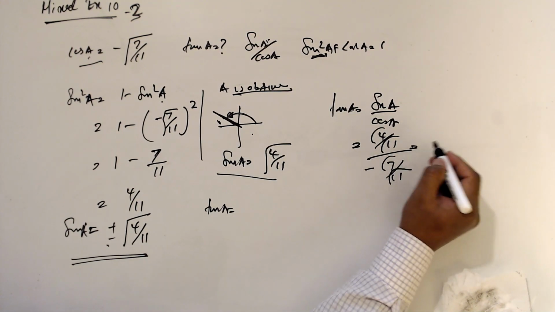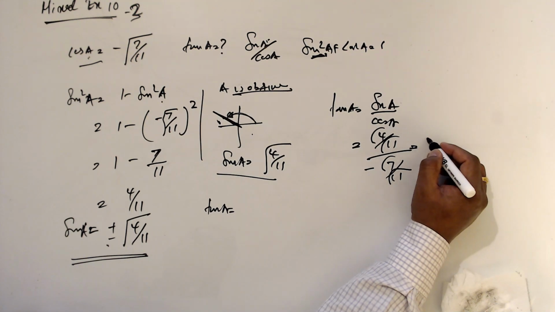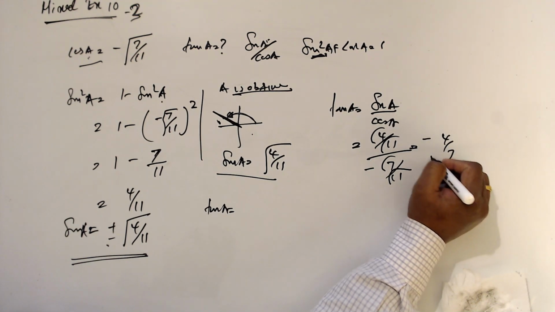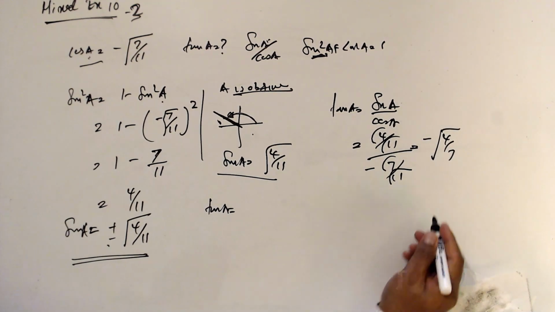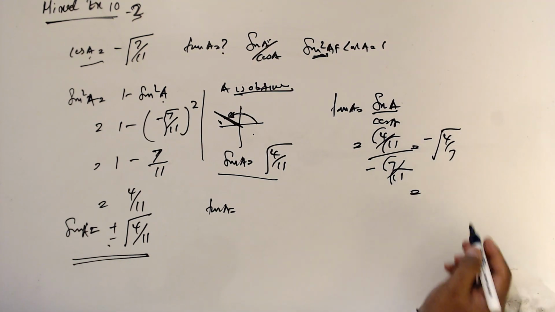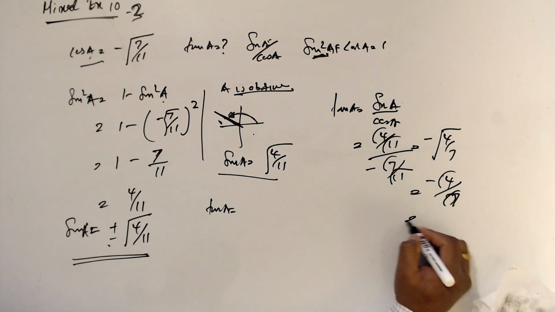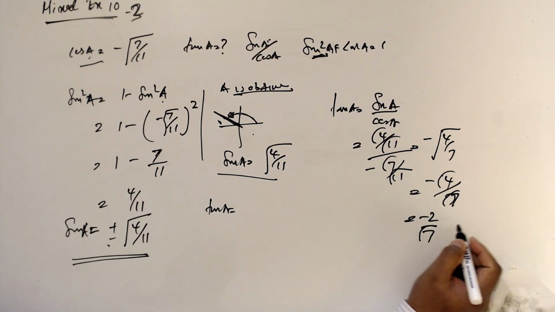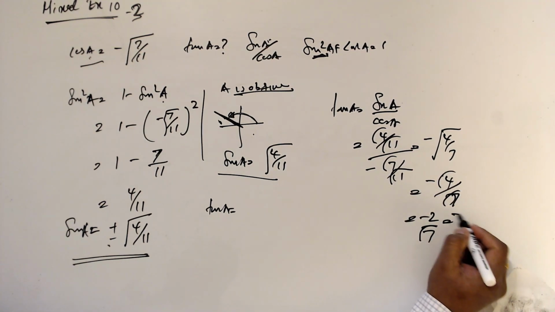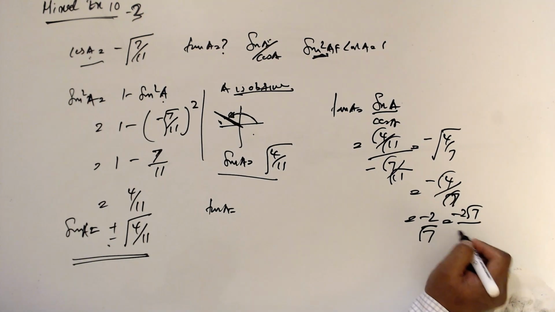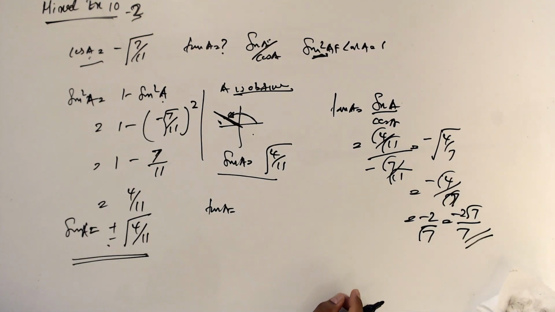The square root 11 is cancelled out and this is going to be minus square root 4 over square root 7. So minus 2 over square root 7. Then if you rationalize, minus 2 square root 7 over 7.